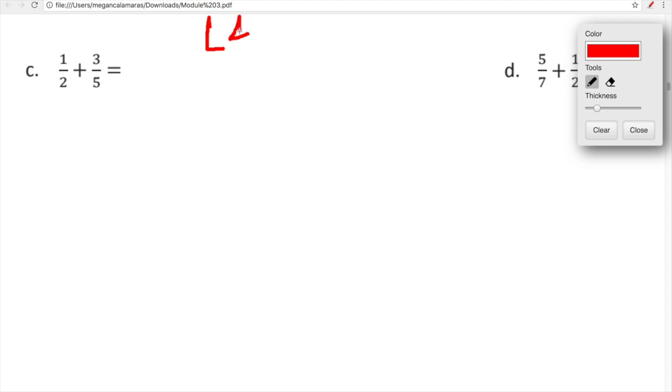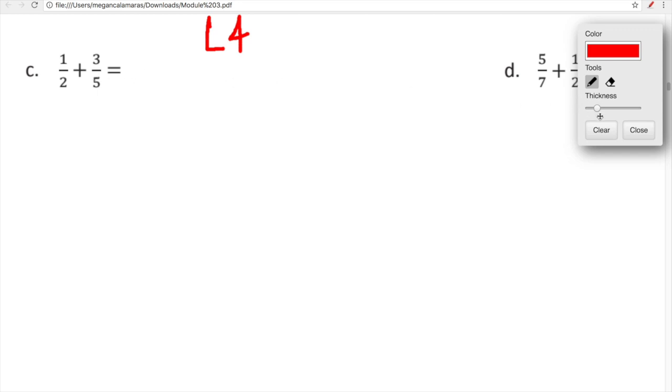L4. This is a review problem from lesson 4. The only thing that we're doing in lesson 4 is we're adding fractions. The sum, the answer to the addition problem, is going to be greater than 1 whole, meaning the answers are going to be improper fractions.